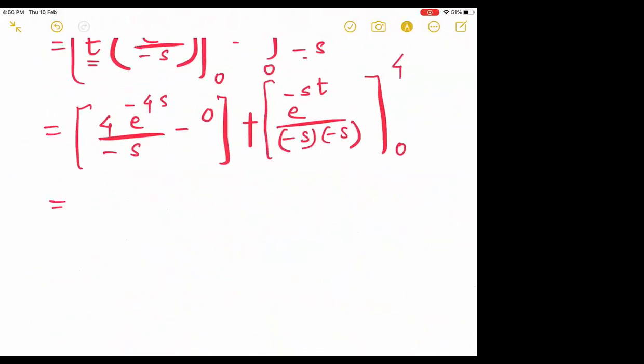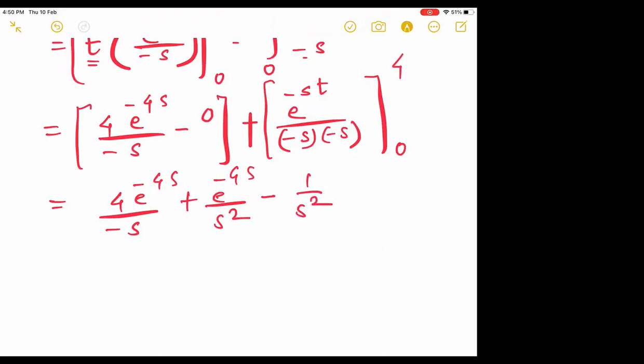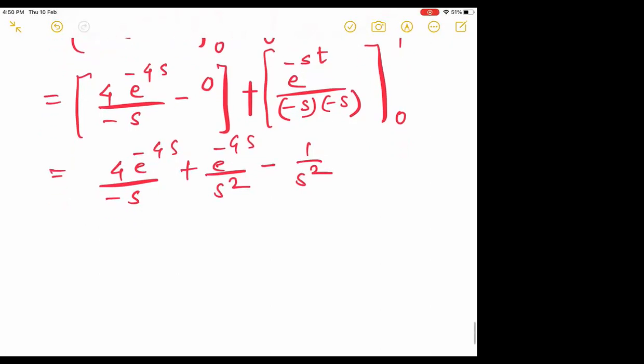So the first term becomes 4 into e raised to minus 4s upon minus s, and if you put the upper limit, plus e raised to minus 4s upon s square, and the lower limit gets a negative sign, 1 upon s square, because e raised to 0 is 1. Got it? So that is the value for the integral t into e raised to minus st dt in the limits 0 to 4.